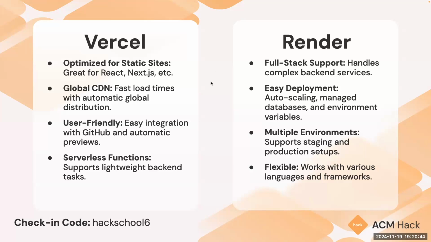It also has a fast load time with automated global distribution, easy integration with GitHub, and automatic previews. It's also serverless, so it supports lightweight backend tasks, which is fine since we don't have any heavyweight ones, as all we're doing is calling from our API.